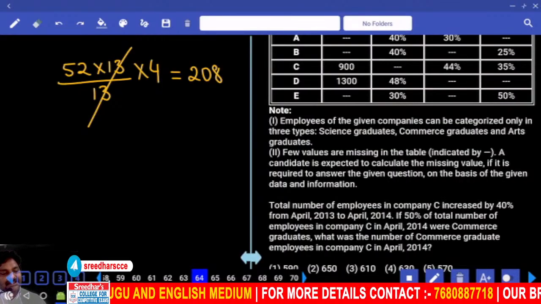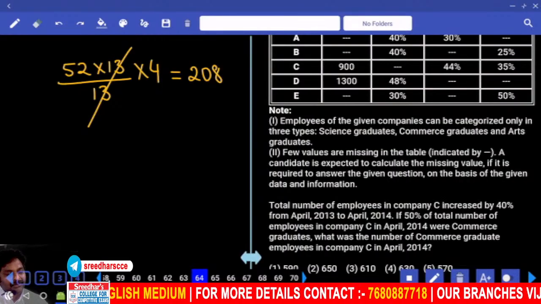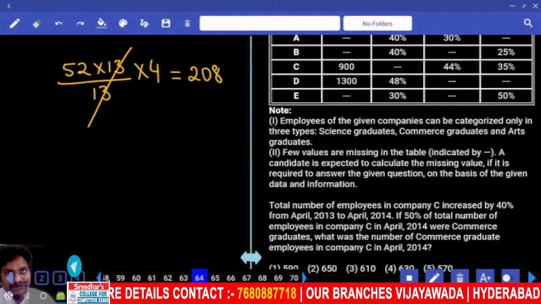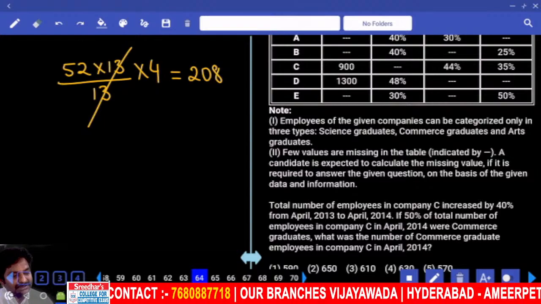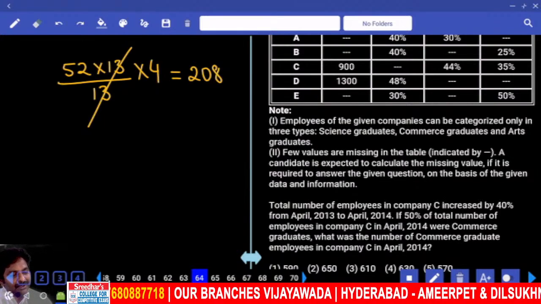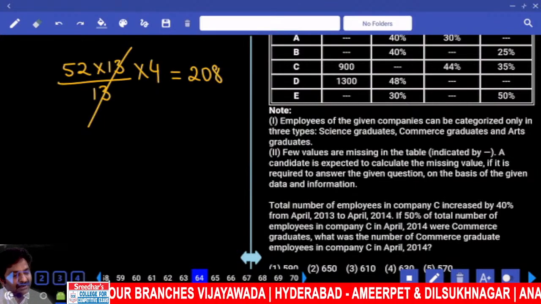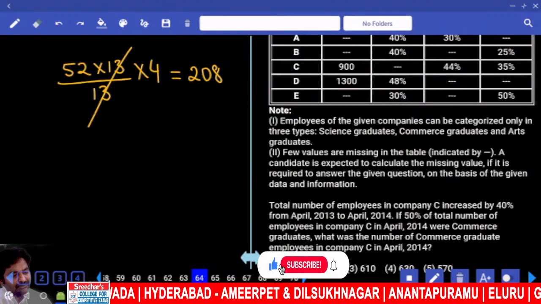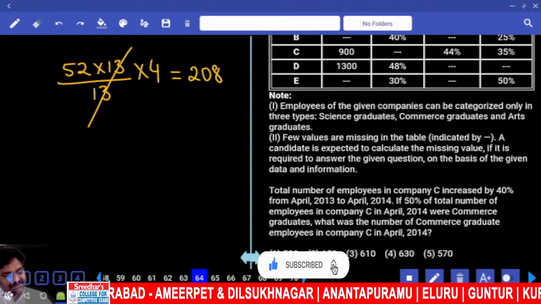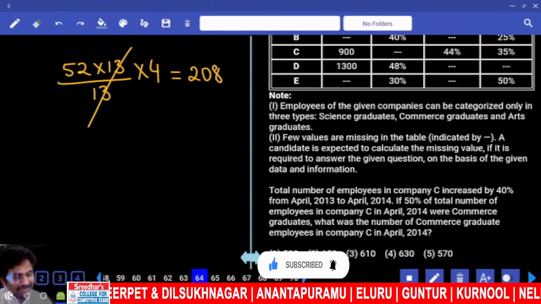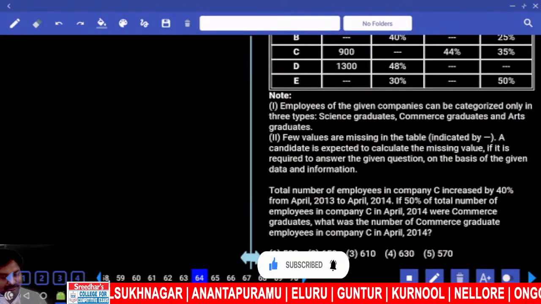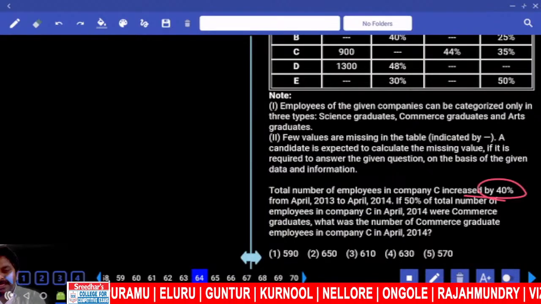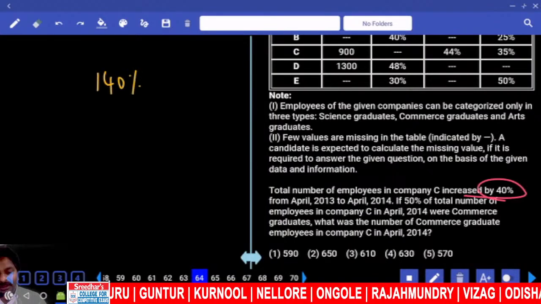Total number of employees in company C increased by 40% from April 2013 to April 2014. 50% of total number of employees in company C in April 2014 were commerce graduates. What was the number of commerce graduate employees in company C in the month of April 2014? Total value increased by 40%, then it becomes 140%.